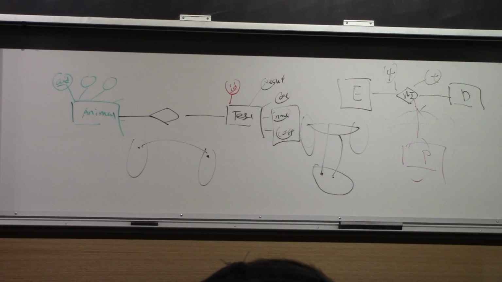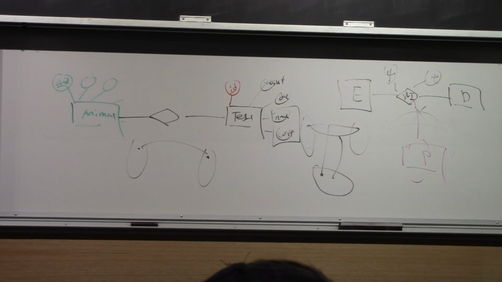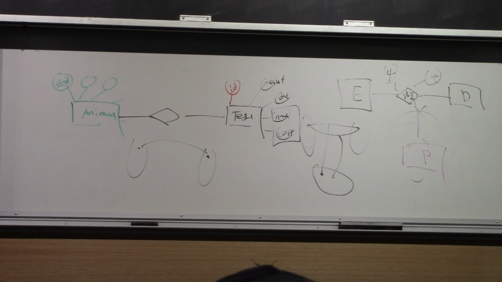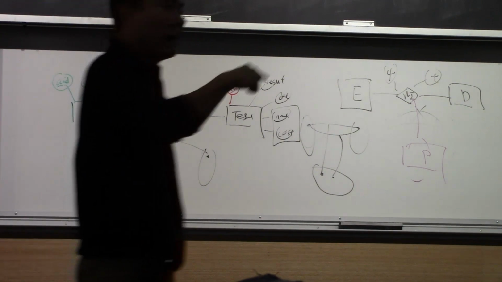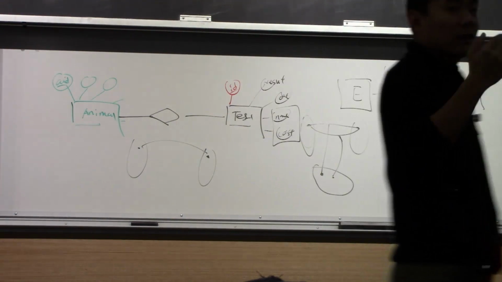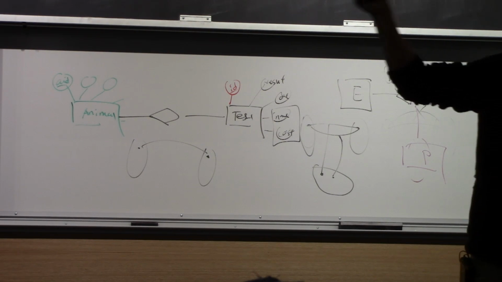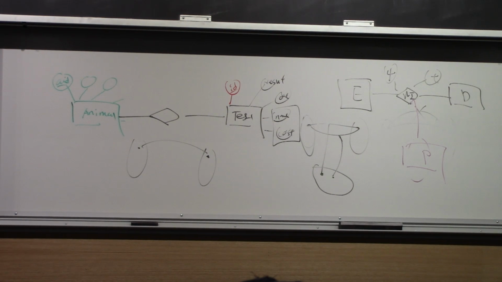For example, an animal may take multiple different test instances, but each test instance is given on a single animal. And there must be a total participation constraint on the test event because a test instance only exists when it is given on an animal. Otherwise, I don't really care about that. But an animal may or may not go through any test at all.